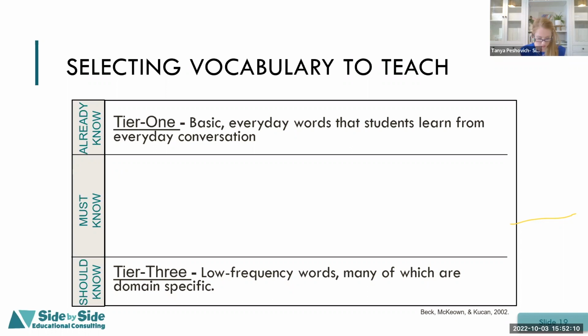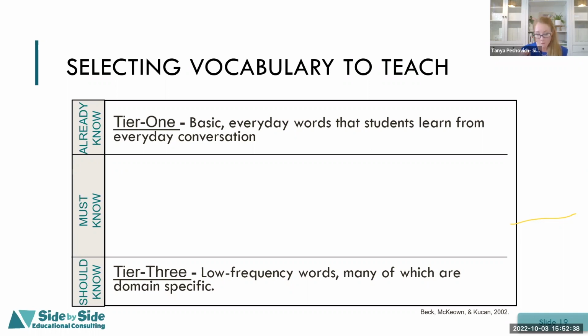Some examples of these words are mitosis, economics, Revolutionary War. Maybe I'm teaching cooking, so a crepe might be a tier 3 word. Asphalt. So those words that are specific to a specific need. Those are domain specific words.